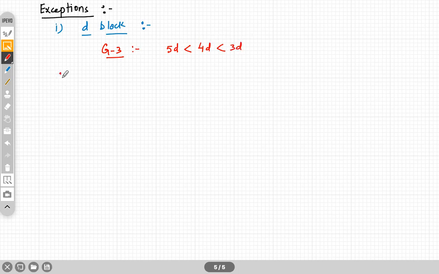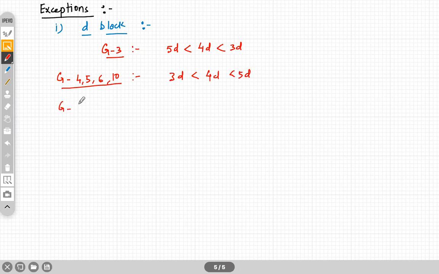For groups 4, 5, 6, and 10, the order is 3d is minimum, then we have 4d, and then we have 5d.